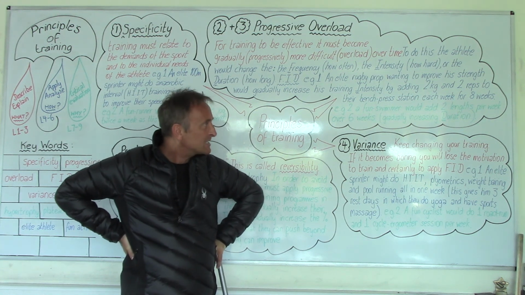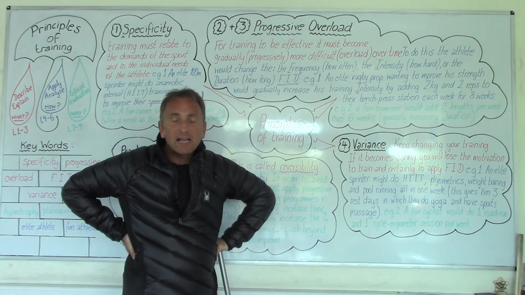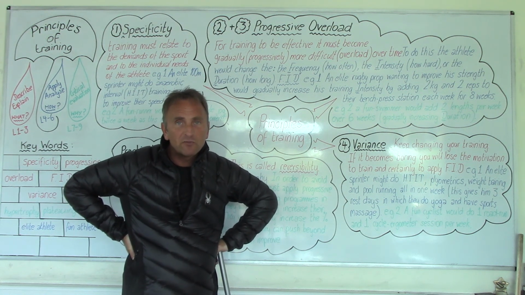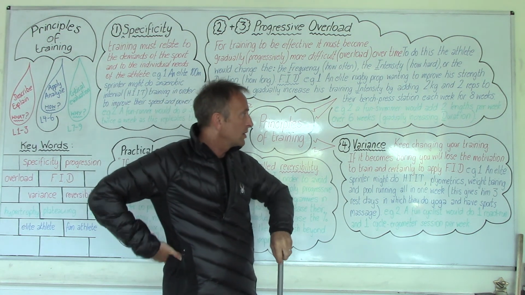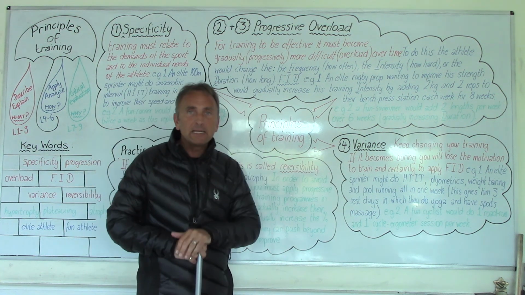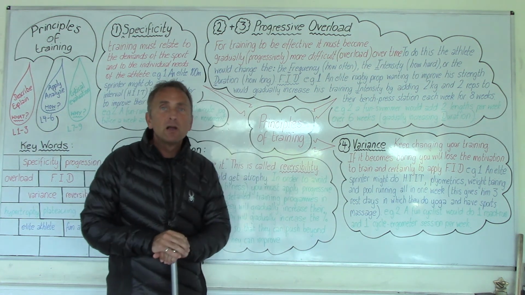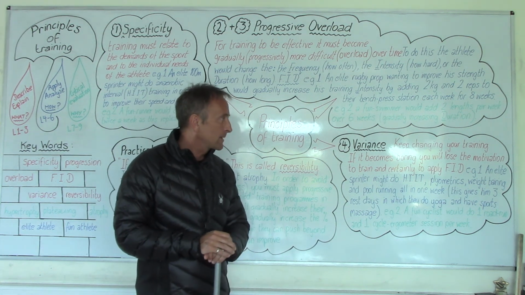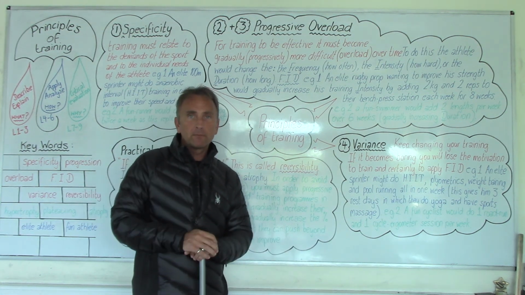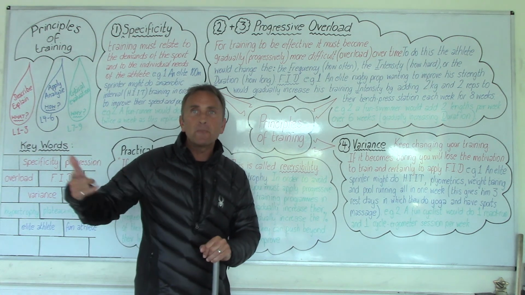So training has to be varied. It has to be varied or you will lose motivation. And if you lose motivation, you won't apply progressive overload. So, my example here, let's go back to my elite sprinter. We've said that he's going to do high intensity interval training. But in order to make his training varied, he's also going to add other methods of training.